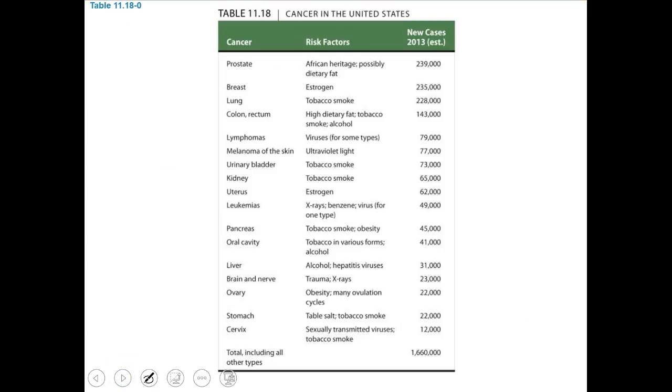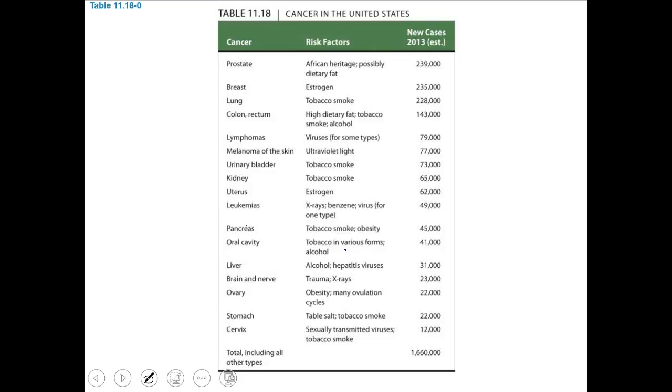So just to give you a list of some risk factors: prostate cancers, dietary fat; breast cancers, estrogen; lung cancers, tobacco smoke. We can go through some of these other ones, but urinary bladder and kidney cancers, both from tobacco; pancreas cancer, tobacco; oral cancer, tobacco; stomach cancers, tobacco.